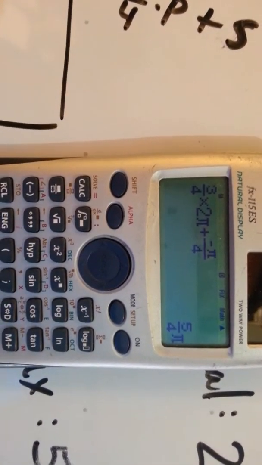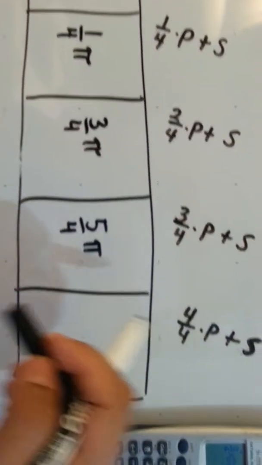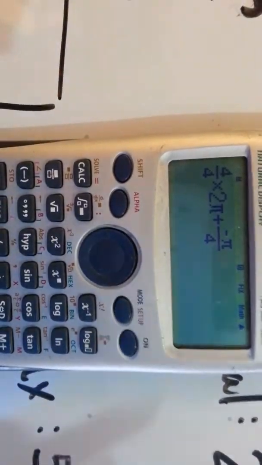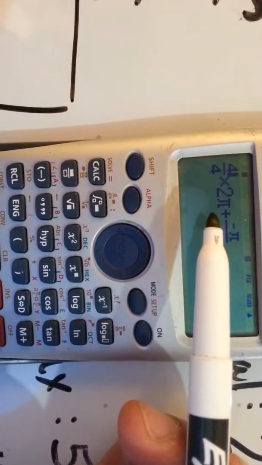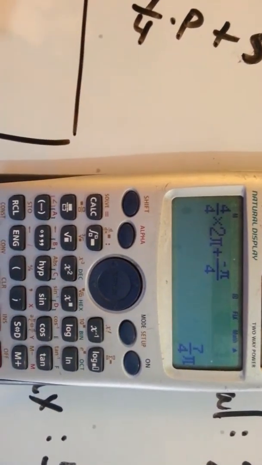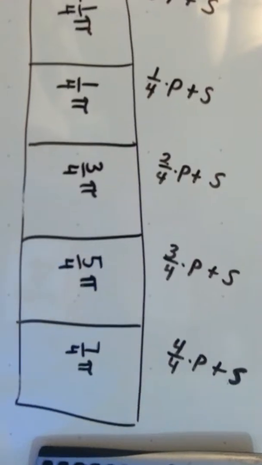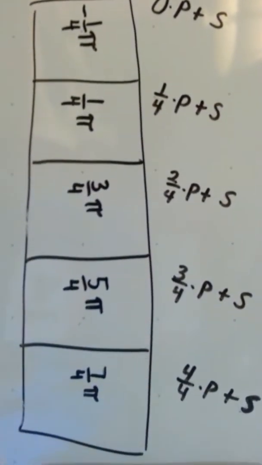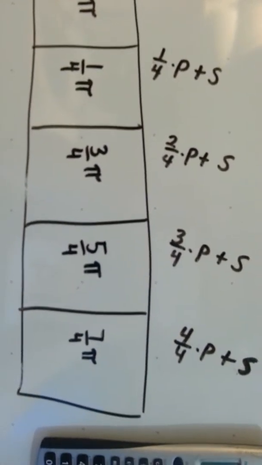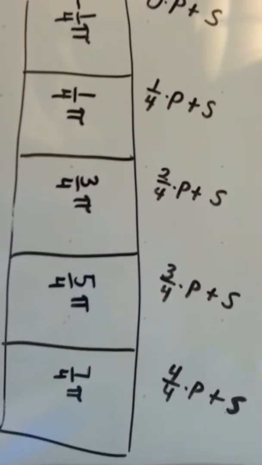Press the equal sign and you get 5/4 pi. The last calculation. And we get 7/4 pi. And there you go. If you have any questions on how to type into the calculator, just go ahead and rewind the video, okay? Alright, so those will be your x values, and now we're going to do the sketching.